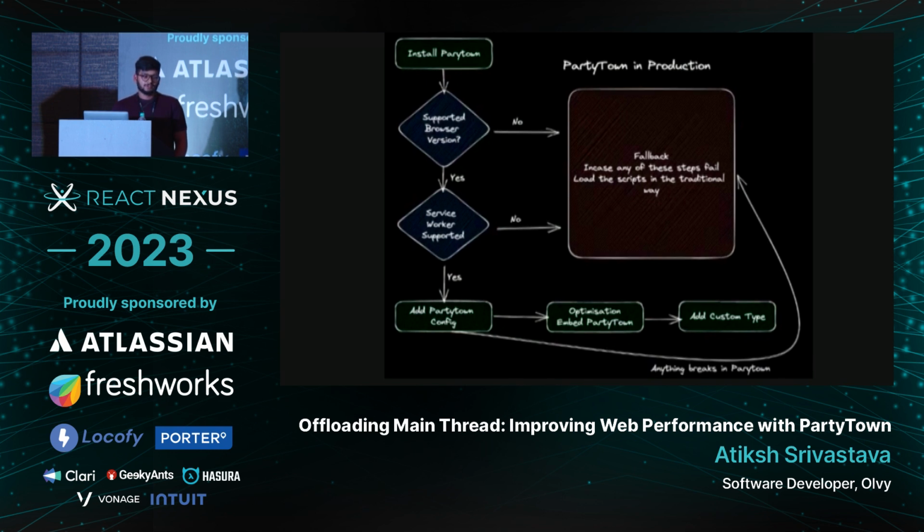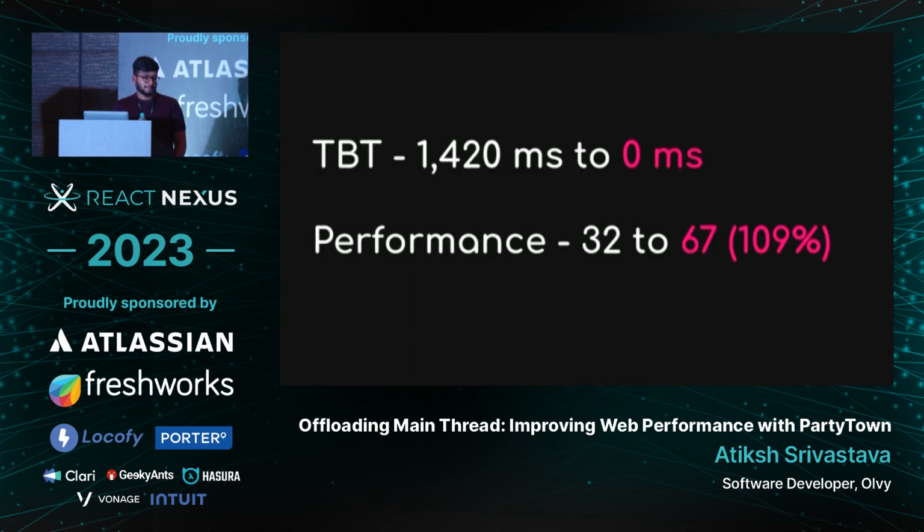And if anything goes wrong in the whole process, we fall back, and the third-party scripts get loaded by the main thread only, so that the user experience is still unaffected. So by using this simple package, we can improve our performance quite significantly. Like in this case, we doubled it from 32 to 67.